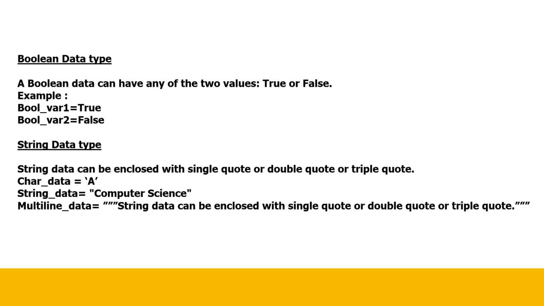A string literal is a character which is enclosed within single, double or triple quotes. A single character is enclosed within single quotes. Multiple characters are enclosed within double quotes, and multiple strings are enclosed within triple quotes. So these are the three types of data available in Python: numeric data type, boolean data type, and string data type.